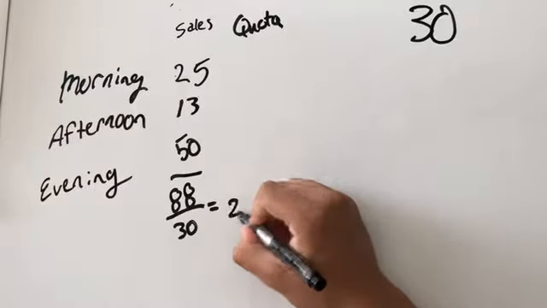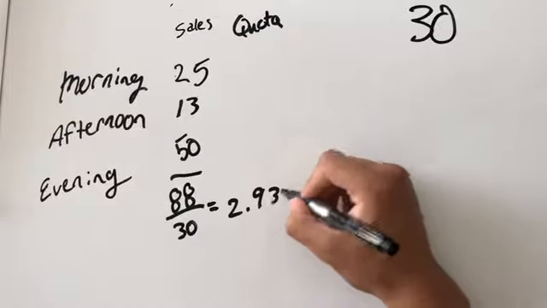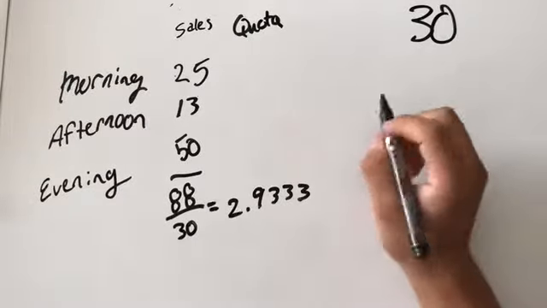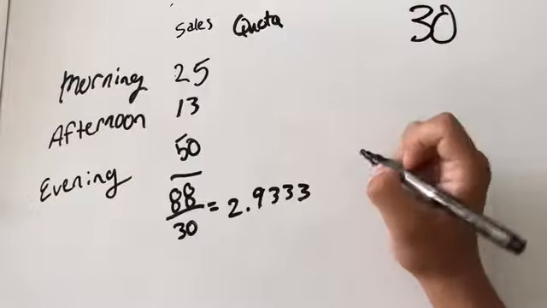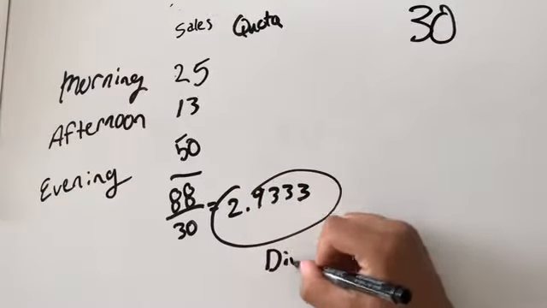Together, this number makes 2.9333. And this will be known as your divisor.